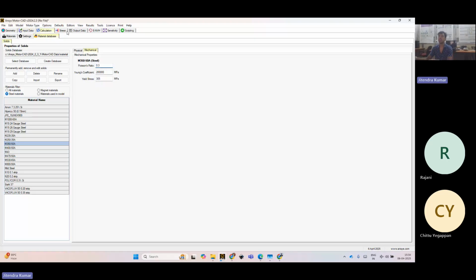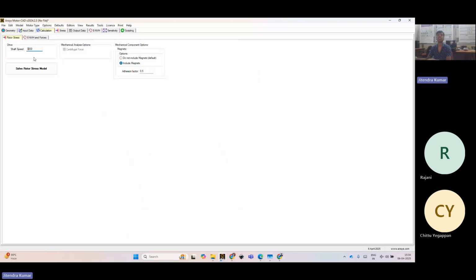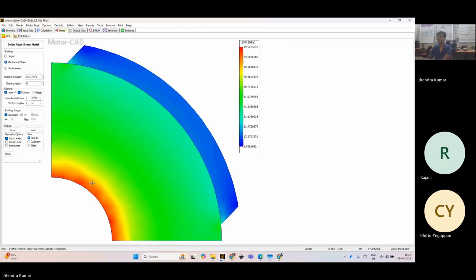What will happen if I increase this speed from 3000 RPM to 30,000 RPM? Let's see. So now you can see that this stress has increased from 1 MPa to 100 MPa.